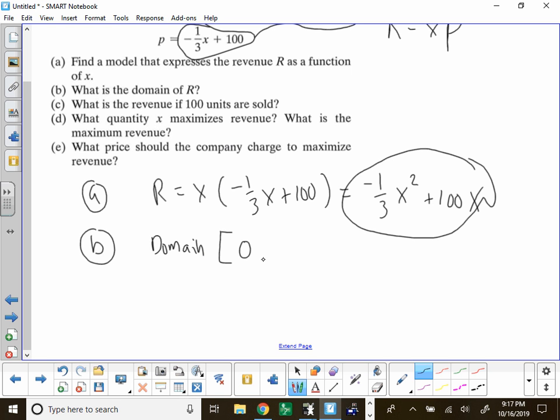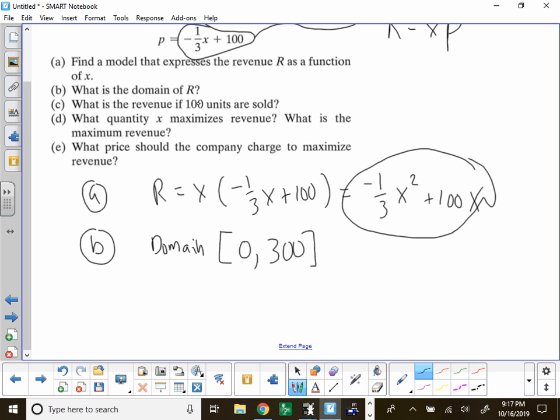So 0 would be the smallest. Now, right here, this could be equal to 0. So if x was 300, this would be negative 100 plus 100 would be 0. So we'll see that when we graph it out. So 300 would be the highest. There's the domain of the function.